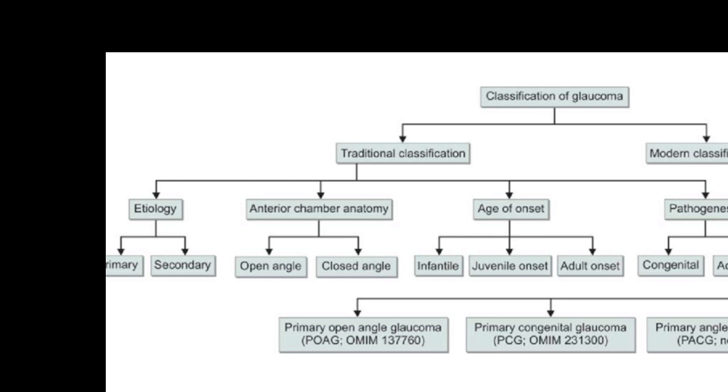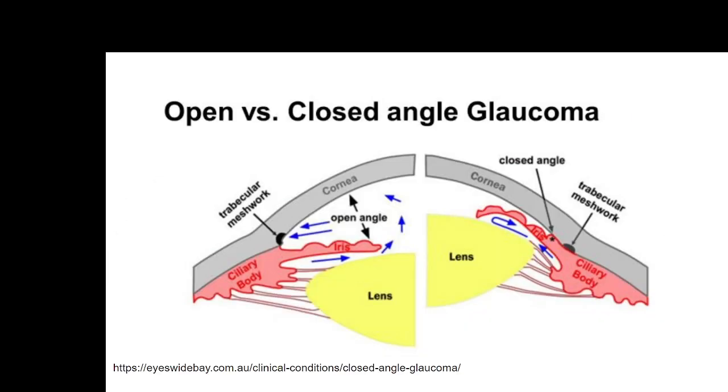In the current classification, the primary classification is under three categories: primary open angle, primary congenital, or primary closed angle pathologies. What I mean by closed angle and open angle is that normally the fluid is circulated in the angle, at the ciliary body angle. In the normal situation there would be a circulation as such.